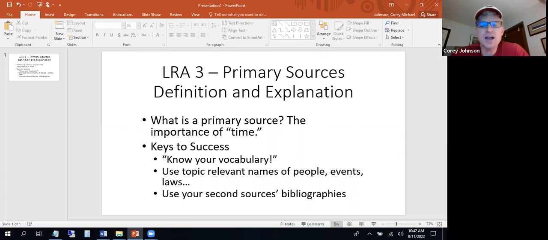And the place you can find those is in the secondary sources, the books and the articles that you've already gathered. And by the way, as long as I'm talking about the books and articles you've already gathered, for example, as part of LRA number 2, the bibliographies of those books and articles oftentimes also have primary sources in them as well.